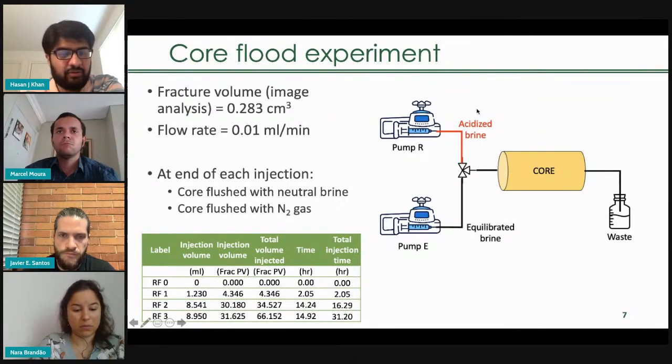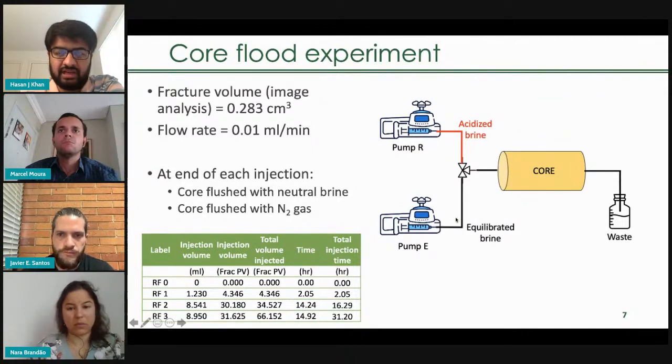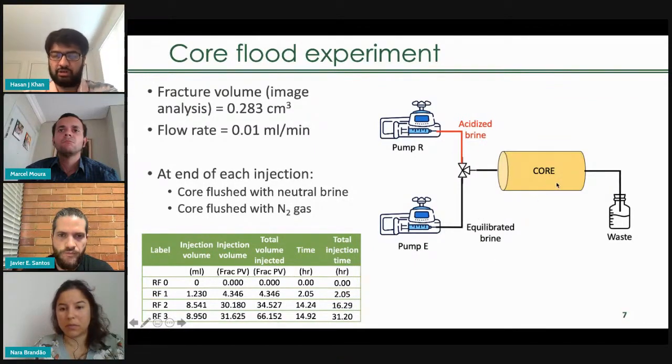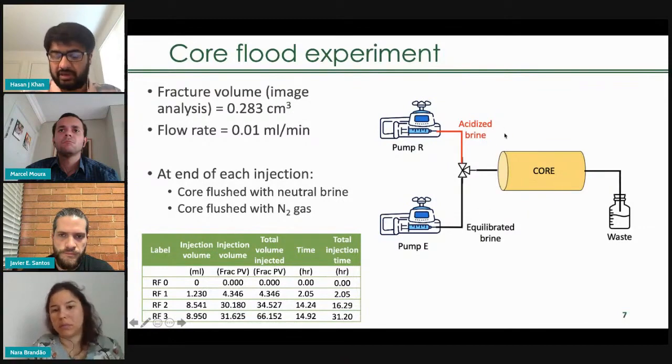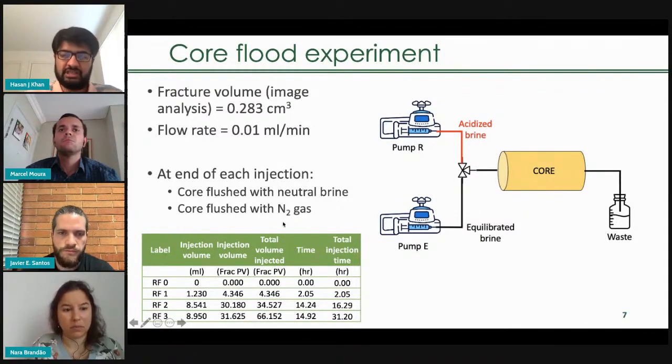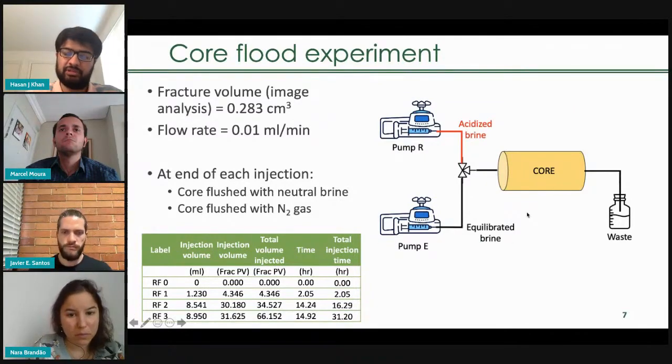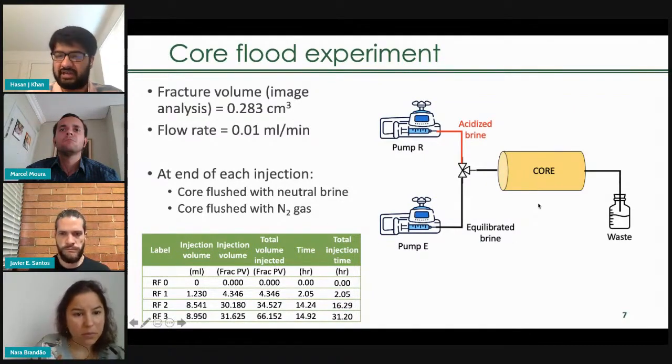Once the desired amount of fluid has been injected, we again switch the valve and re-inject the equilibrated brine so that we can push out, or flush, the acidic brine out of the sample. Once we're fairly confident of that, we flush out the sample with nitrogen gas and take the sample to the micro CT scanner for scanning.